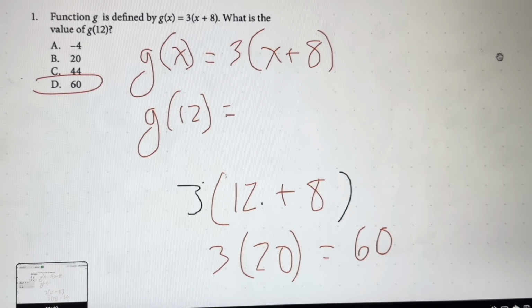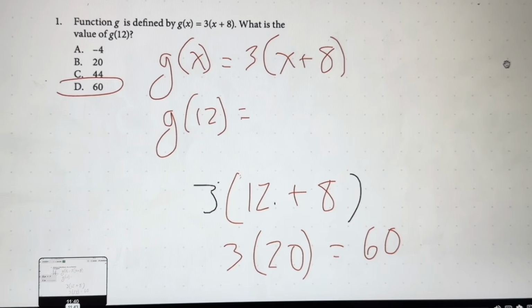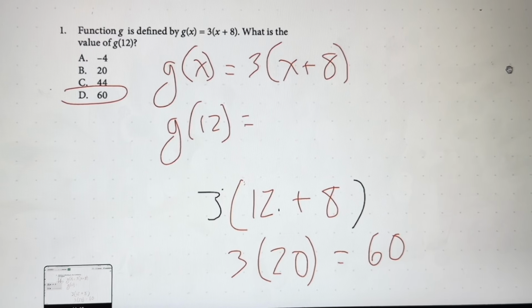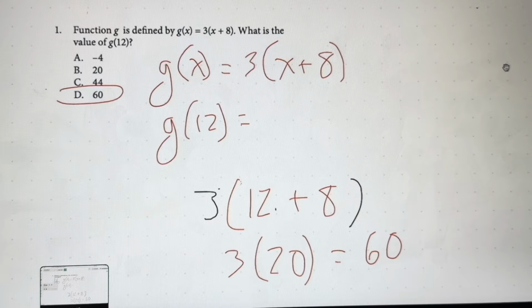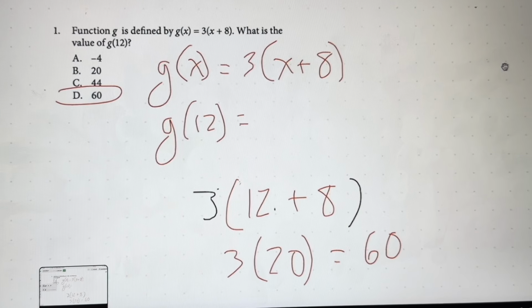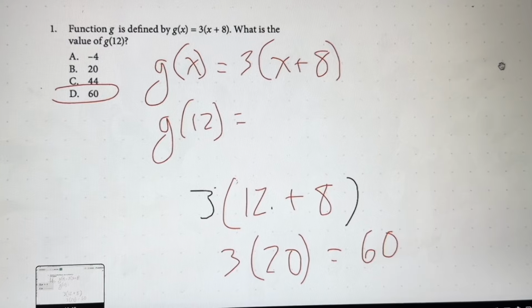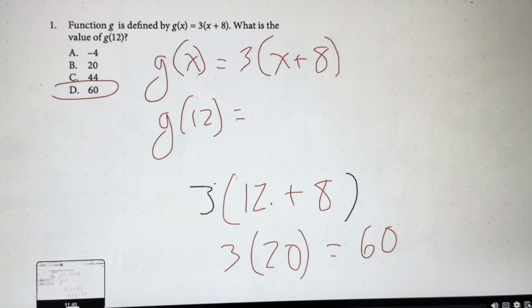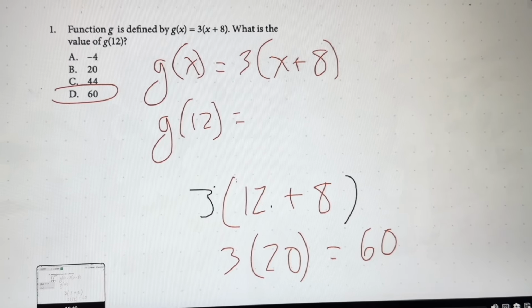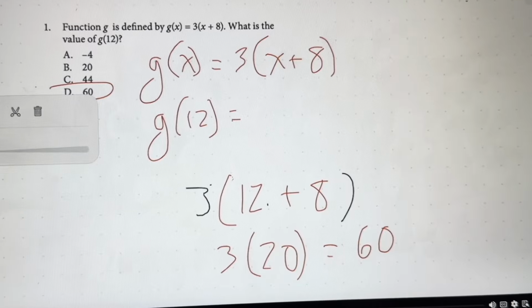It's just your output, or your y value, or your g of x value. It's all the same. What's your output when x is 12? That's all it's saying. Questions about that, Jackson? No. Good. Functions are not bad.